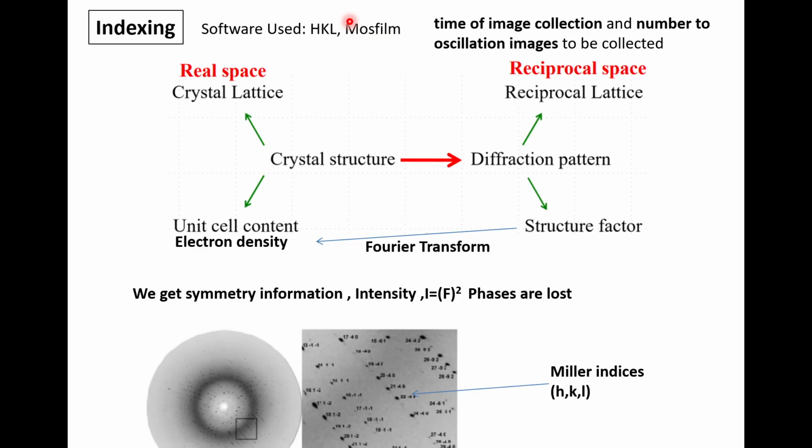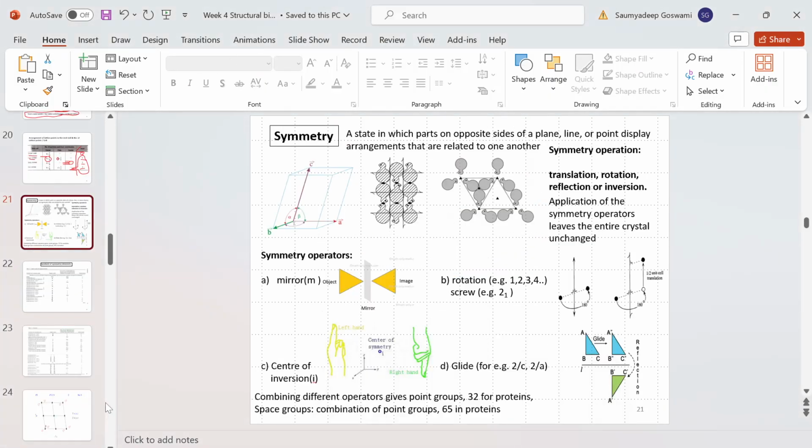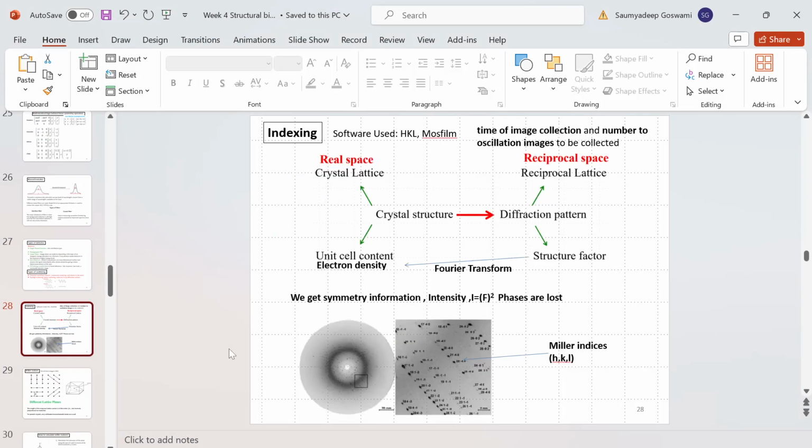What do I mean by reciprocal space? In the last class, let me revise because many of you were absent. We actually talked about the Miller indices.